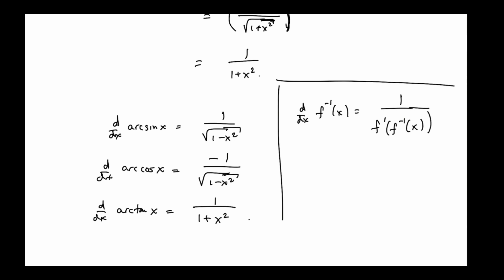If you want to know what the derivative of an inverse function is, it's 1 over the function's derivative with the inverse plugged in. Personally, I've never found that to be a super useful result. I can't imagine any time I've actually used it, but it's certainly true.